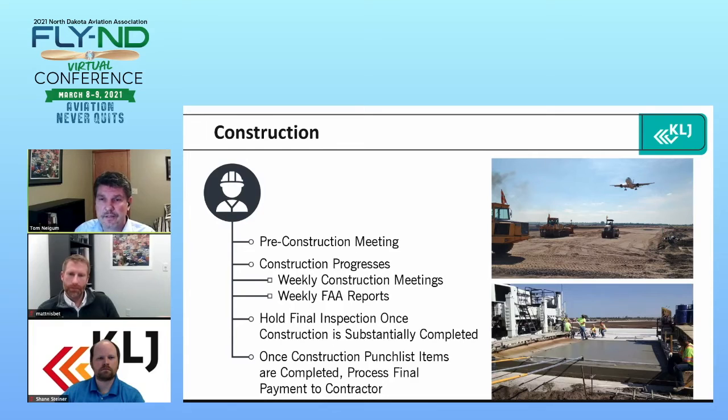Again, the focus of those meetings is to talk about safety, security, and submittals, what's due, what the contractor has left to complete as far as submittals, and a summary of what the contractor's doing this week and what they plan to do next week.